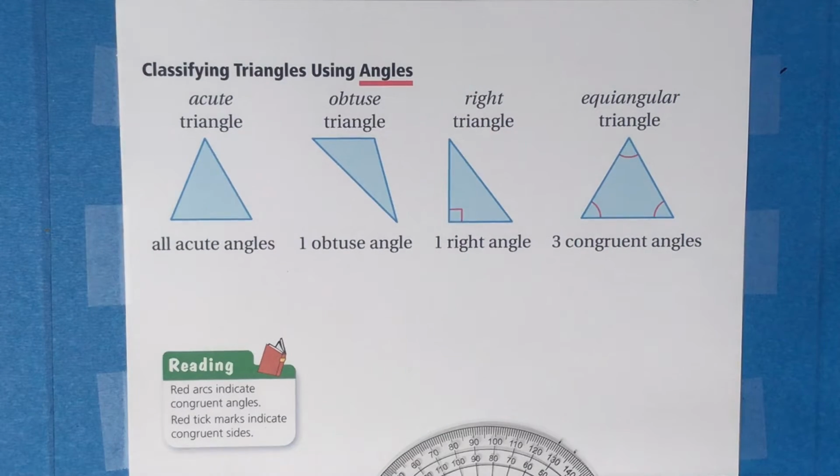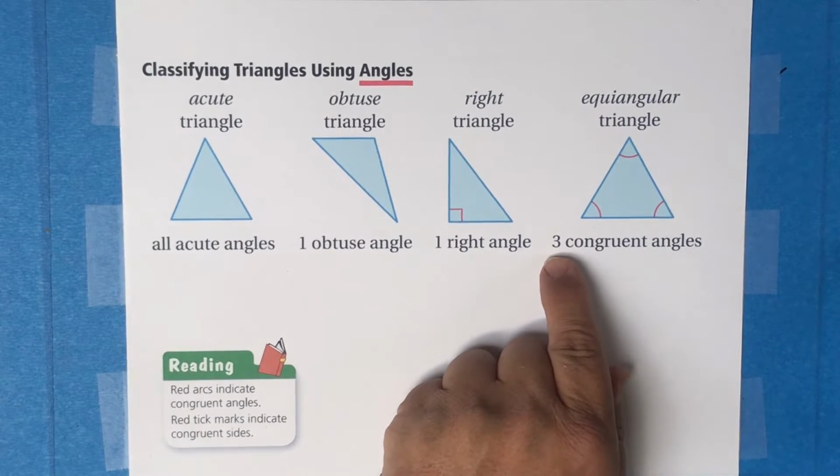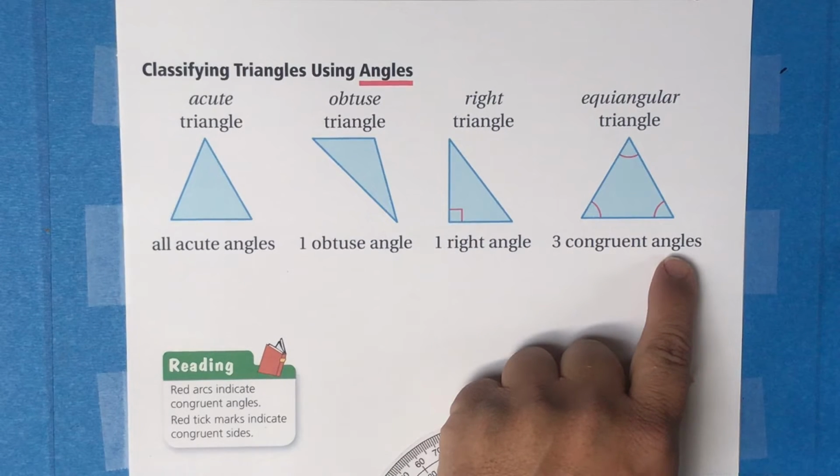The fourth classification of a triangle using its angles is called an equiangular triangle. Equa for equal, so that means it has equal angles. Remember, congruent is a fancy math term for equal, so this has 3 equal angles.